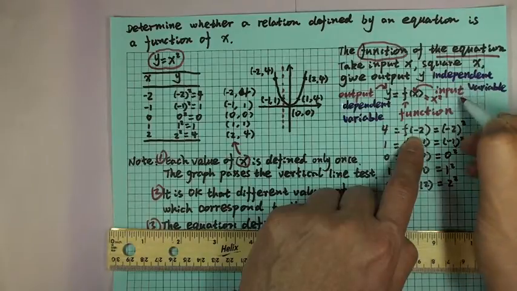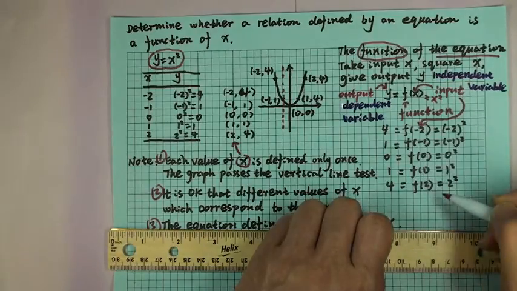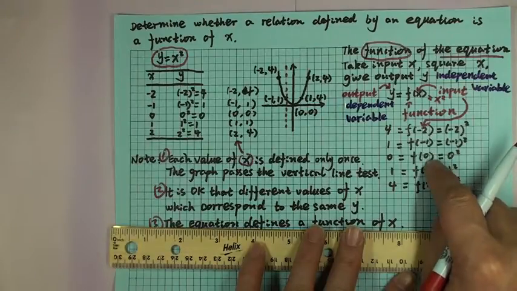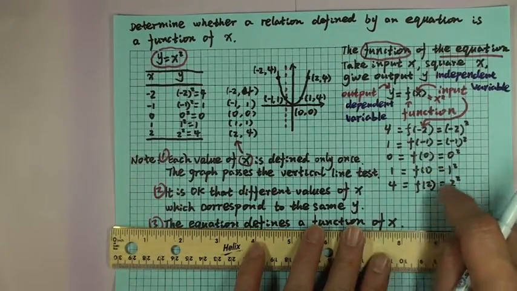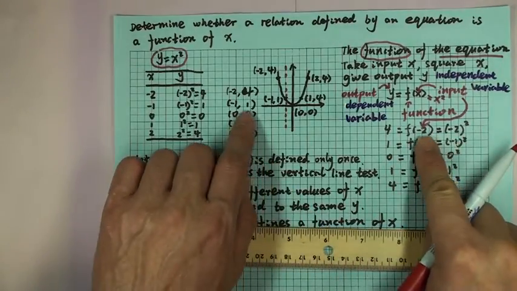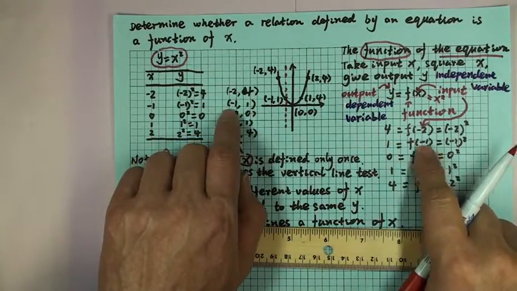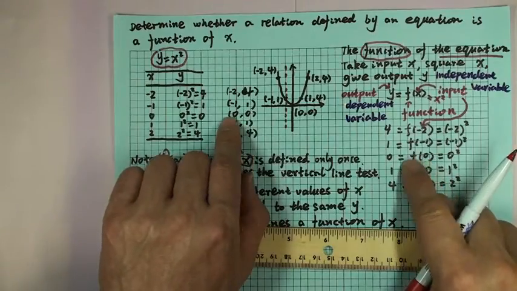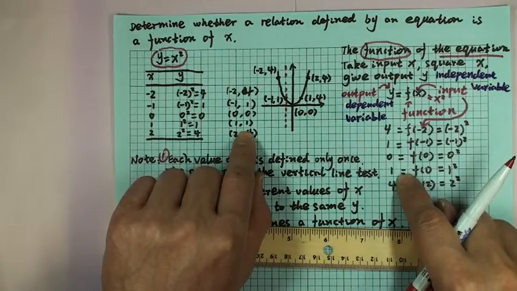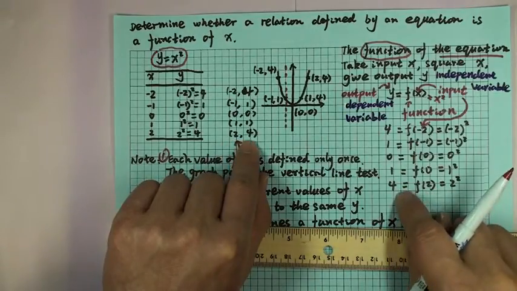This is also the input, all this column, -2, -1, 0, 1, 2. And then you square the inputs, you get output. So again -2 here, and then 4 here. -1 here, and then 1 here. 0 here, 0 here. 1 here, 1 here. And then 2 here, 4 here.